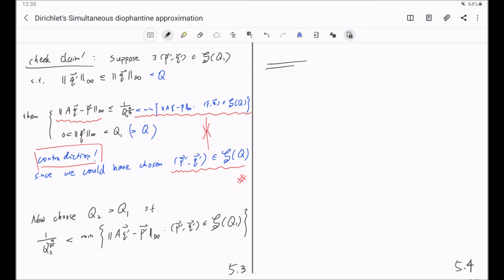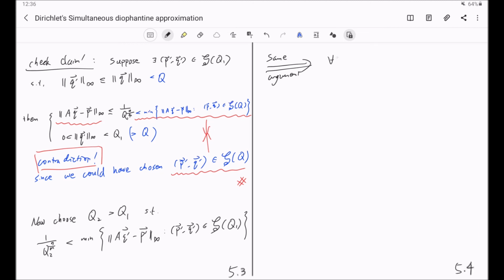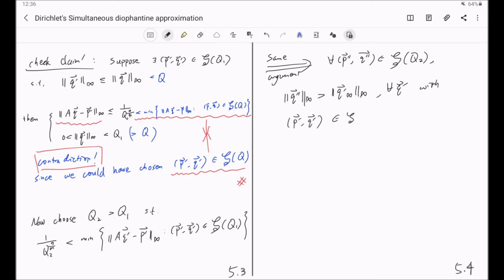And the same argument shows you that for any P double prime, Q double prime in S of Q2, you have the norm of Q double prime is bigger than the norm of Q prime, for any Q prime with P prime, Q prime in S of Q1.